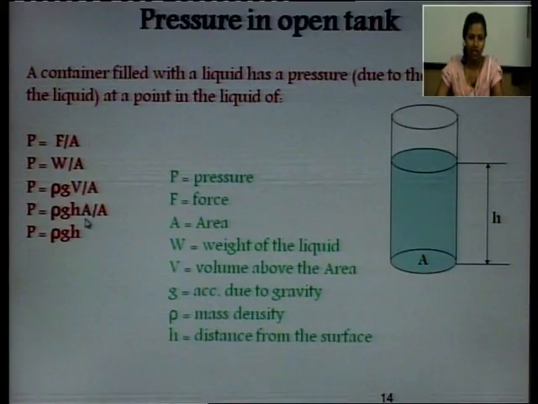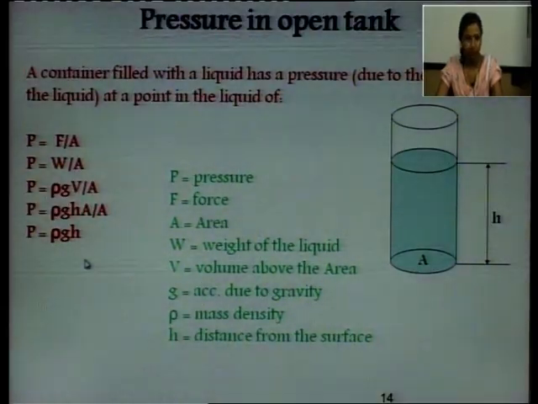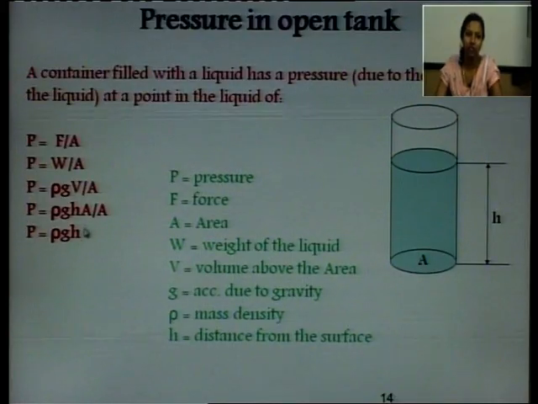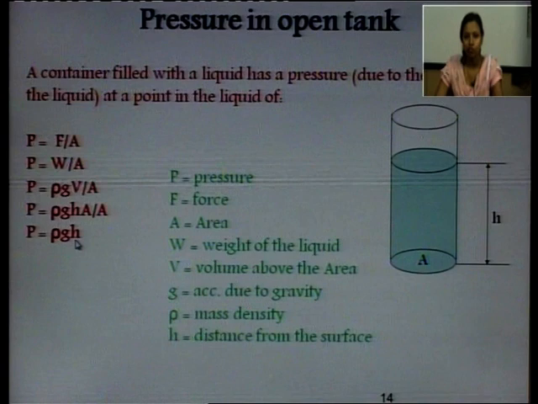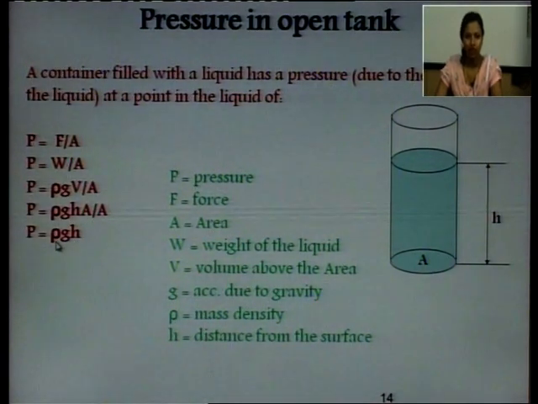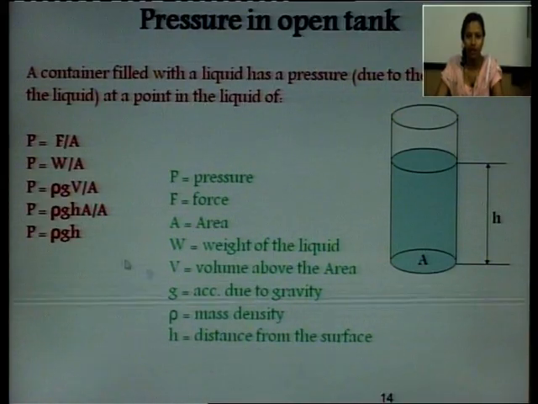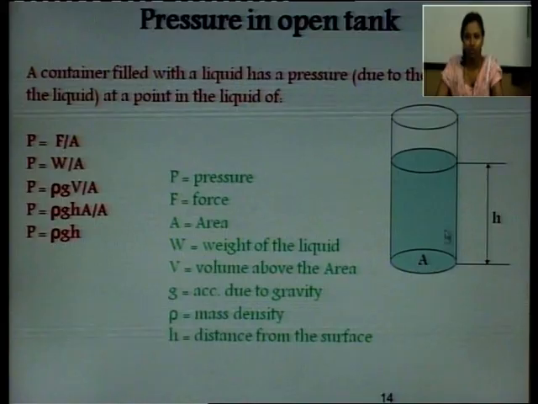After cancelling this area with this A, then P is equal to rho GH. This is a very important formula for finding the pressure in terms of height of the liquid, where rho is mass density, G is acceleration due to gravity, and H is distance from the surface of that liquid.